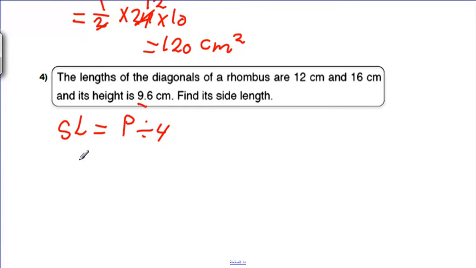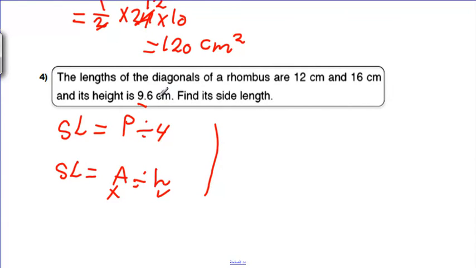So there is another rule for the side length: side length equals area divided by height. I have the height, yes. I have the area? No, I don't have the area. So at first I must get the area.